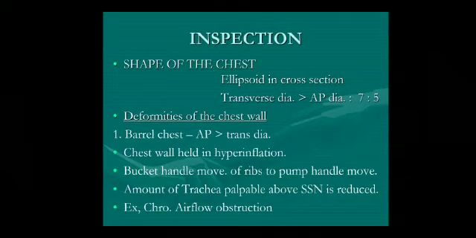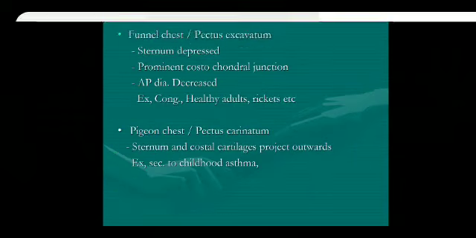Here the ribs are wide apart and tend to be horizontal. The sternum is more arched. Angle of Louis will be more prominent. All these are the features of the barrel shaped chest. And the spine is unduly concave.